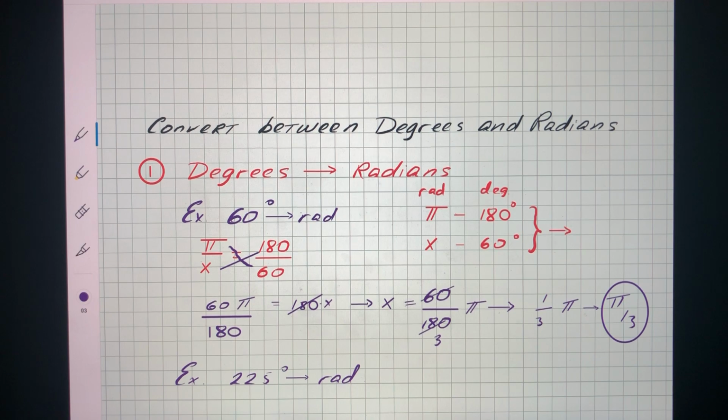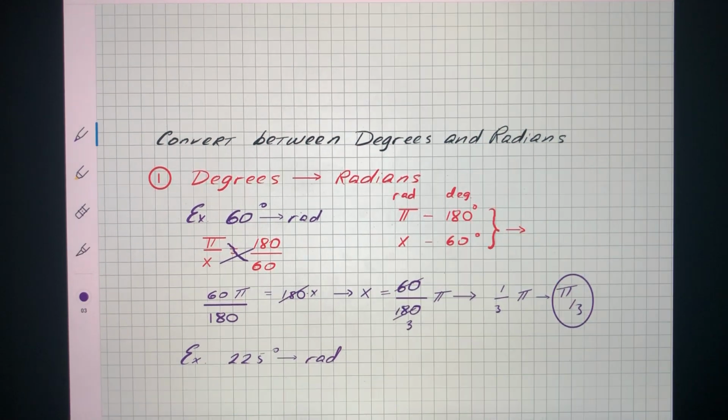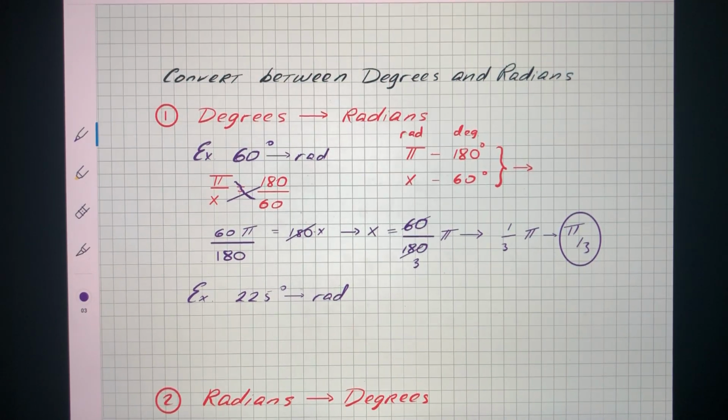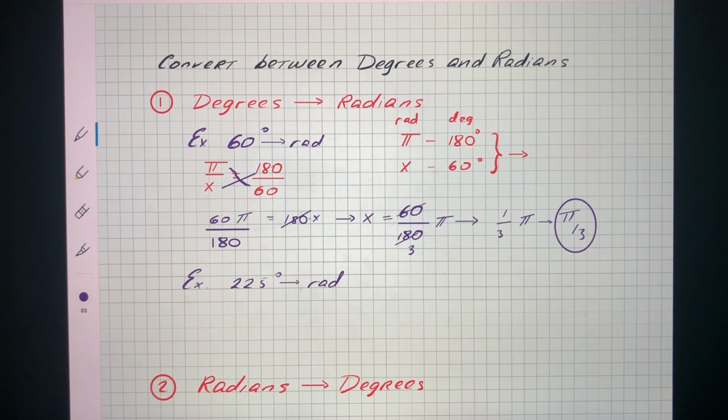The next question is very similar: convert 225 degrees into radians. Once again, we start off the same way. Pi is 180, and we have 225 that we don't know what it is. So we make fractions out of it, and then we can use the calculator to do the simplification.